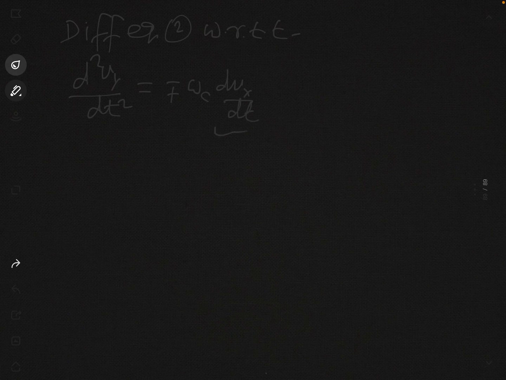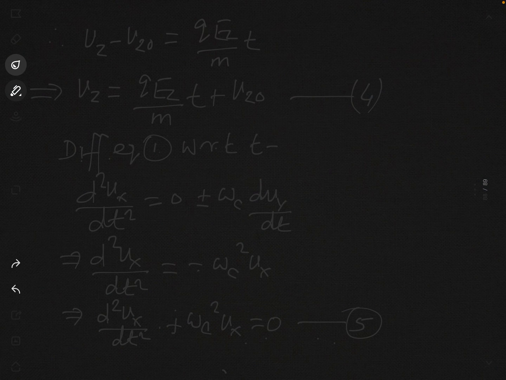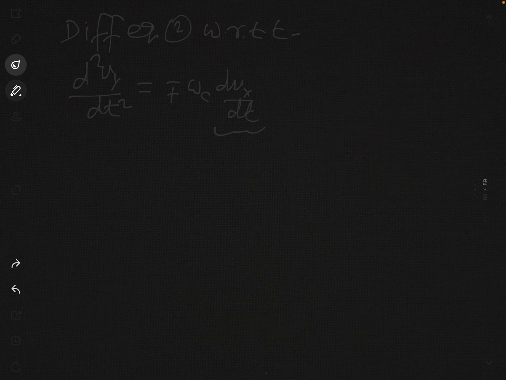Now we will substitute the value of dVx by dt from this equation 1. You can see here dVx by dt is defined, and this is QEx by m plus minus omega c Vy. So we can substitute this value here.